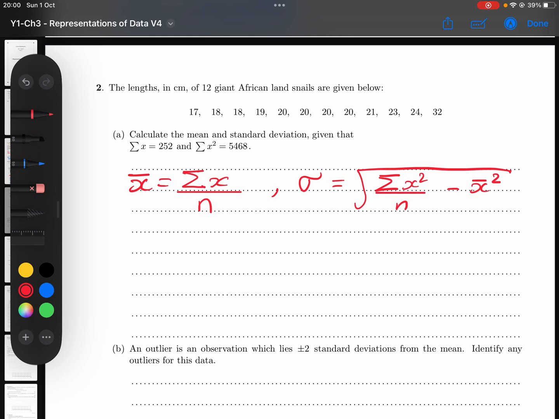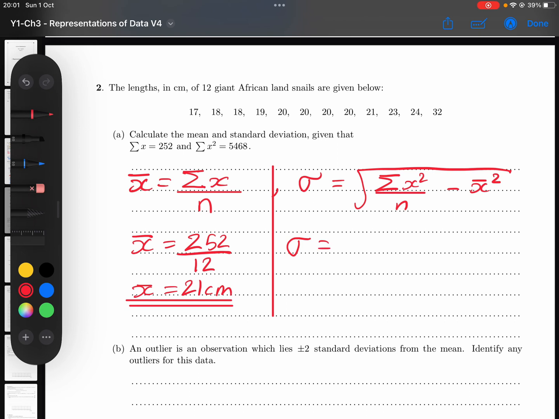Okay, let's now substitute those values in and get some numerical values. So x bar would be 252 over 12, so the mean is 21 centimetres. And let's substitute into the standard deviation formula.